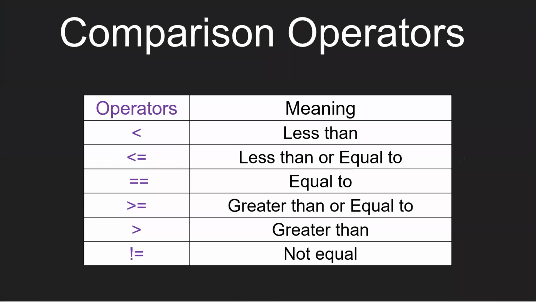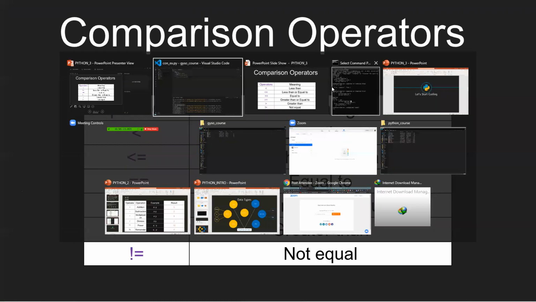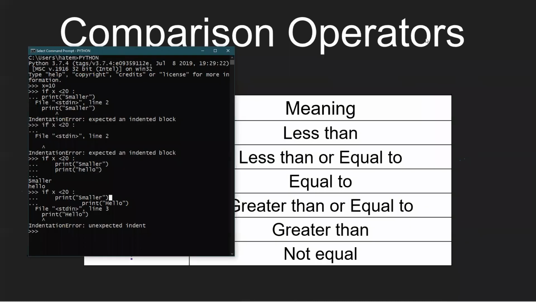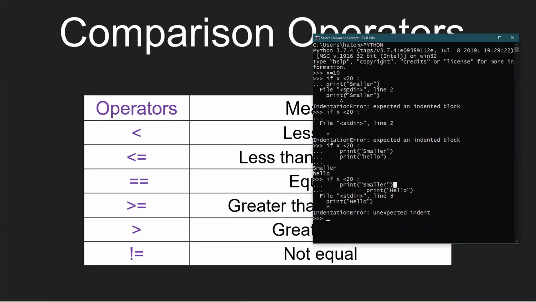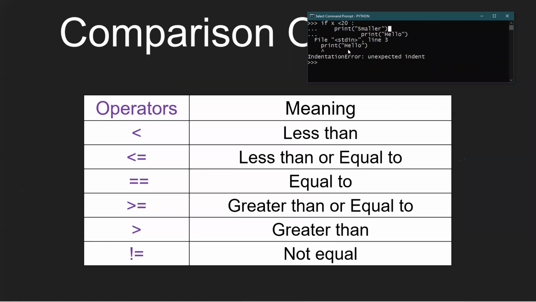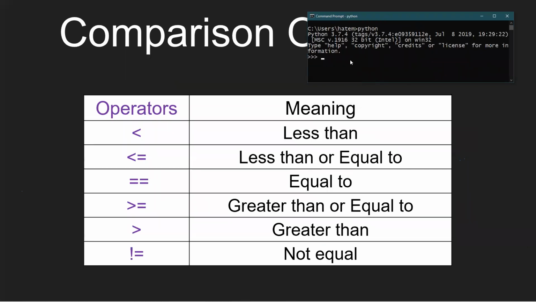Now this table is to just summarize the operations we've been using. This one is, I think, easy, but just to remind you how to use them. So we have the less than operator, which means we are asking, is 1 less than 2?